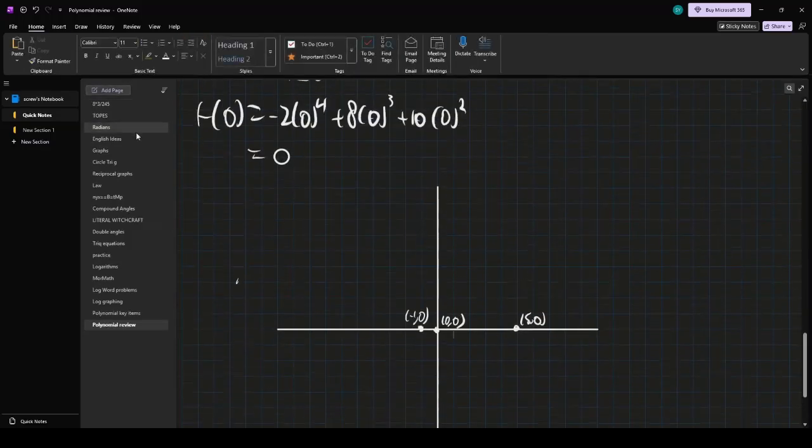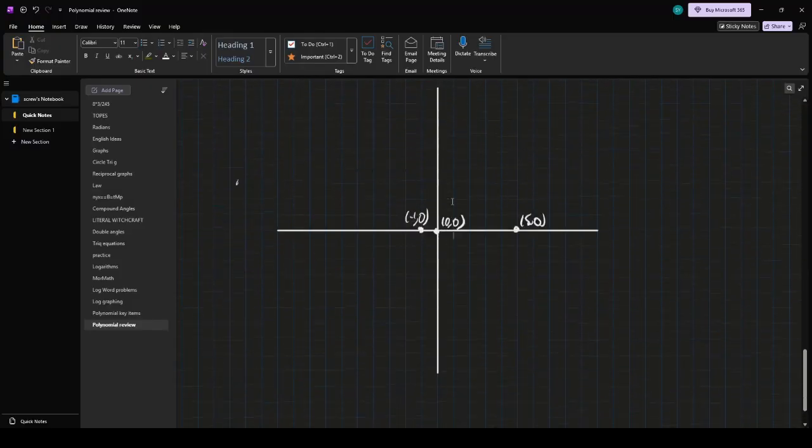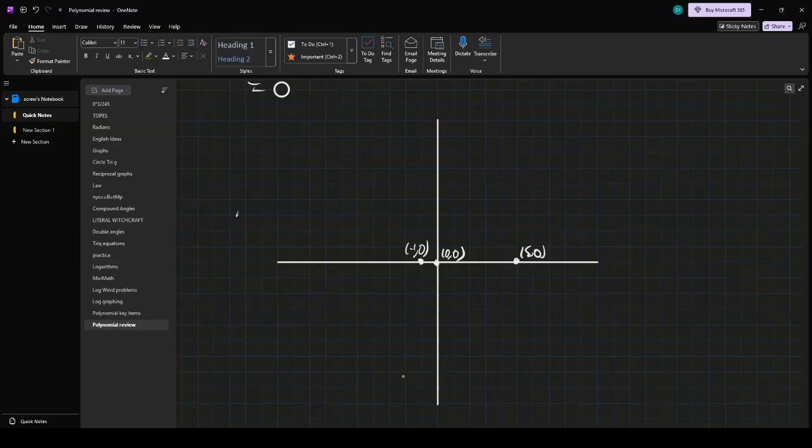And we just remember the leading coefficient and degree of the function. This is an even degree function with a negative leading coefficient, which means the end behavior will be Q3 to Q1.